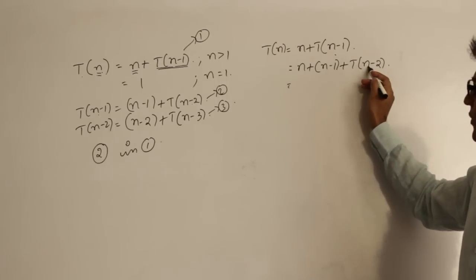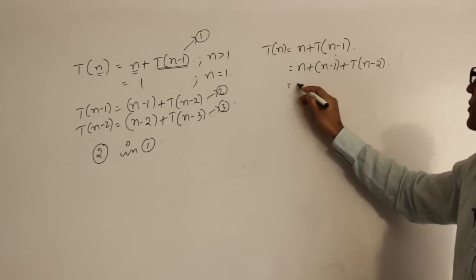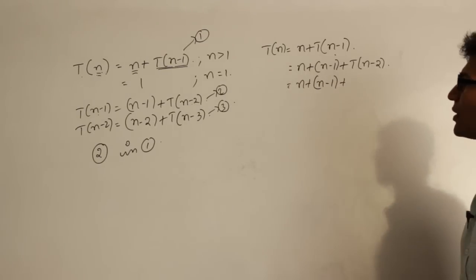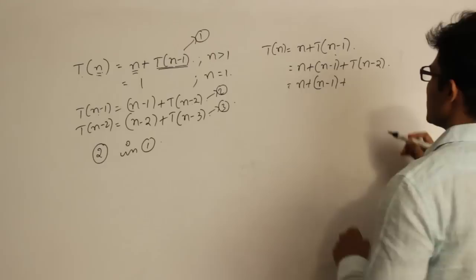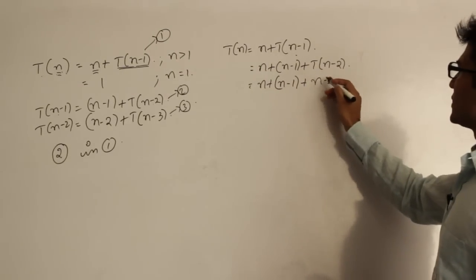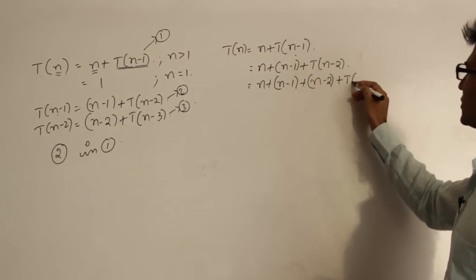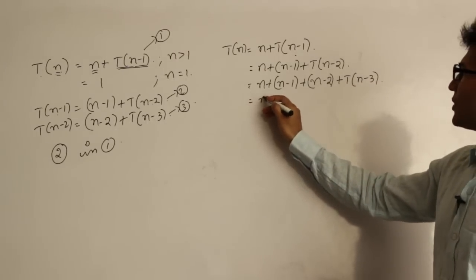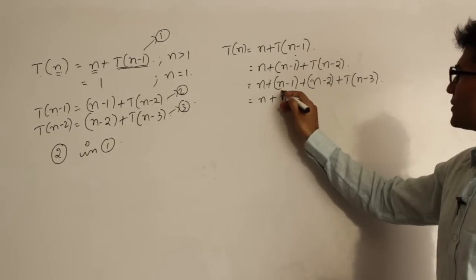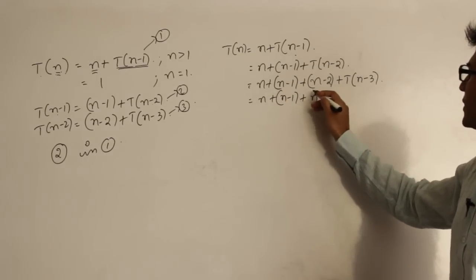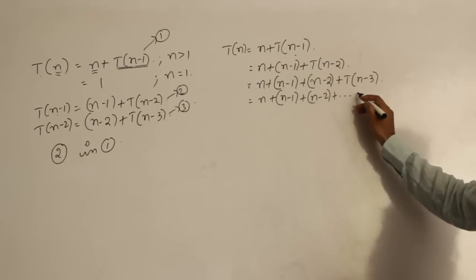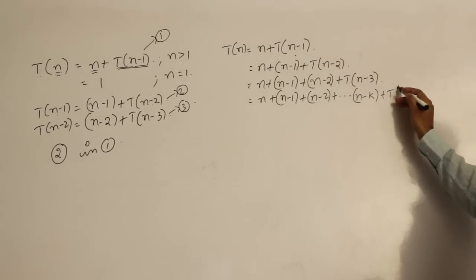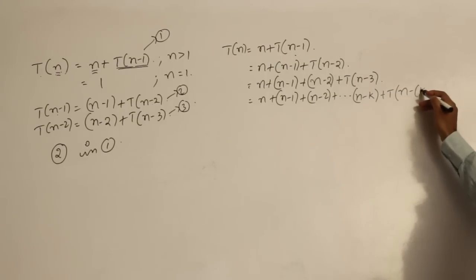That equals, in place of T of n minus 2, I substitute this one: n plus n minus 1 plus n minus 2 plus T of n minus 3. That equals n plus n minus 1 plus n minus 2 plus so on plus n minus k plus T of n minus k minus 1.